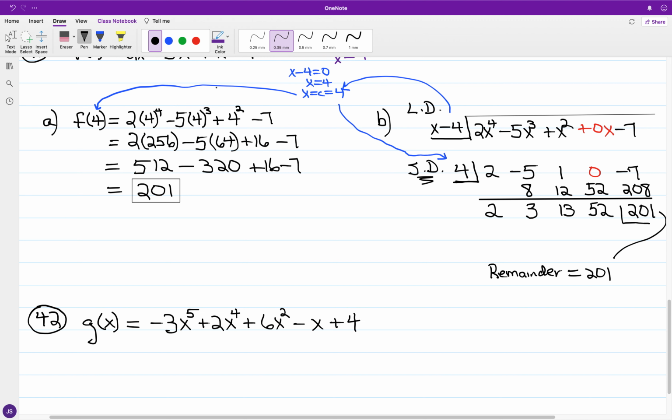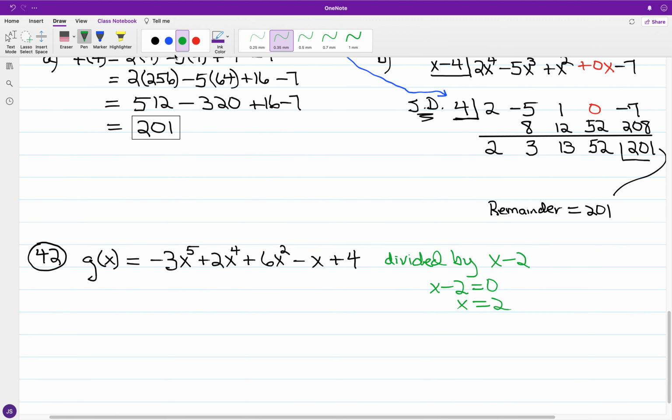And again, this is going to be divided by x minus 2. So you have x minus 2 equal to 0, and so x is equal to 2.